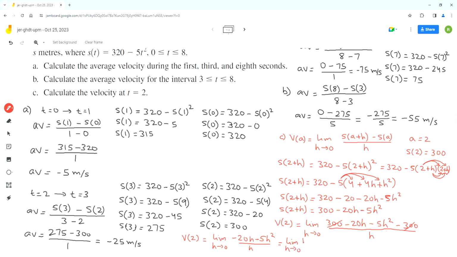So if we do that, we get negative 20 minus 5h over h. So the h's will cancel each other out. And now we can apply the limit. So it will be negative 20 minus 5 times 0, which will be equal to just negative 20 meters per second. So this should be the velocity of the bolt at 2 seconds.